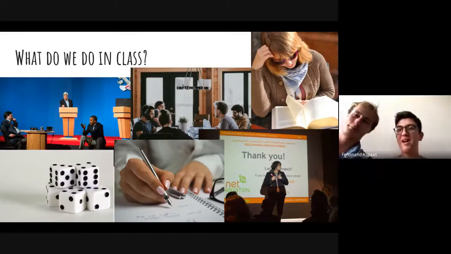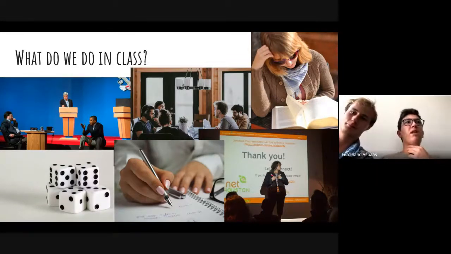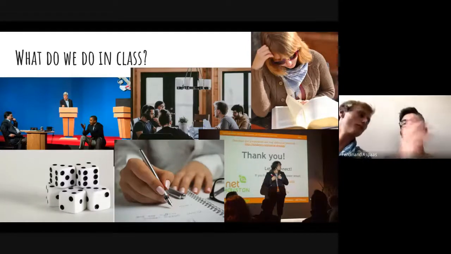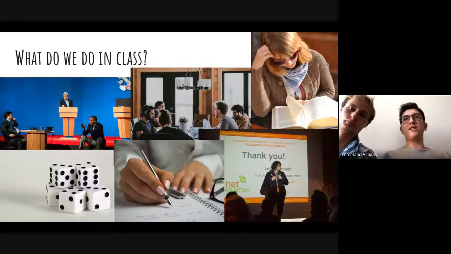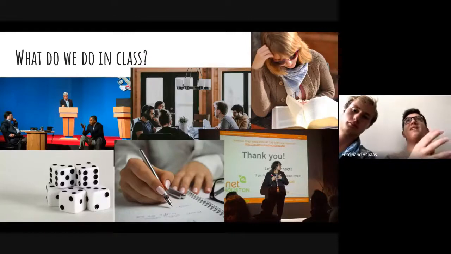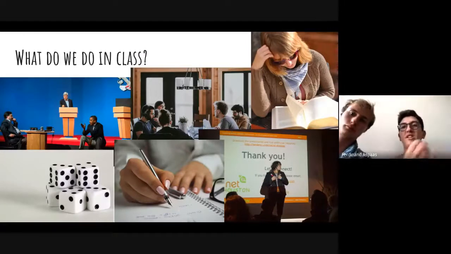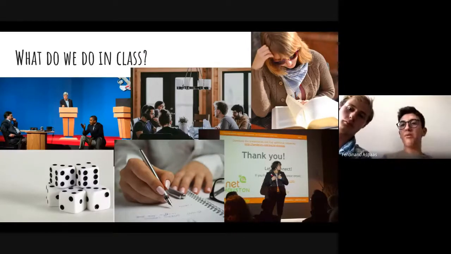So hi, I'm Remy. I'm from France, and so mainly what we do in class, we work a lot, we collaborate a lot with our peers. Also, we have a lot of discussion. I think the main point of English B is doing discussion about the books that we read, about many themes around the world.